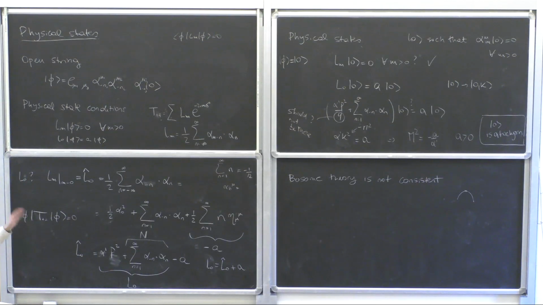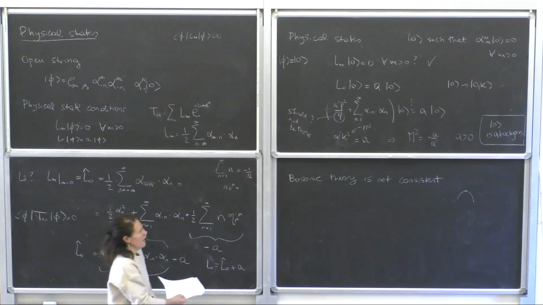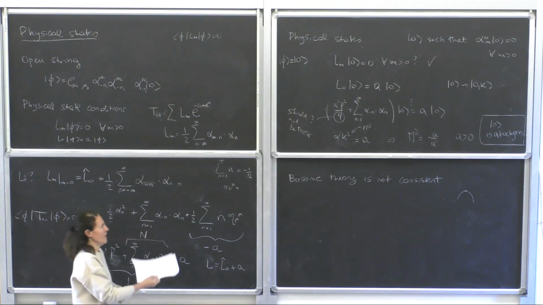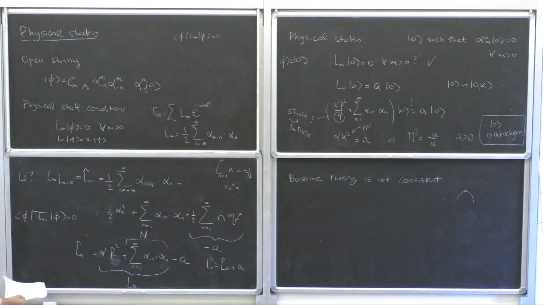I mean, the states, then as you keep going, that's the only state that has a problem. And actually, anticipating, that will appear also in the superstring, but in the superstring we know how to get rid of that state, while here we don't.